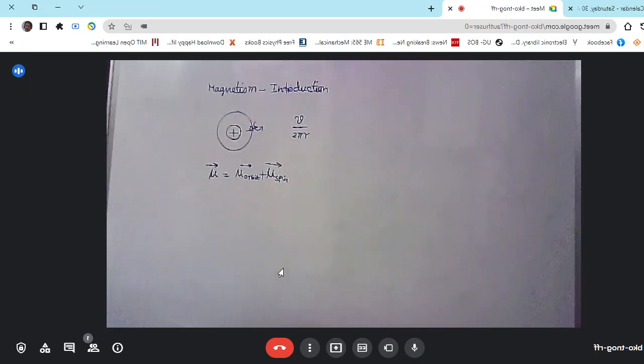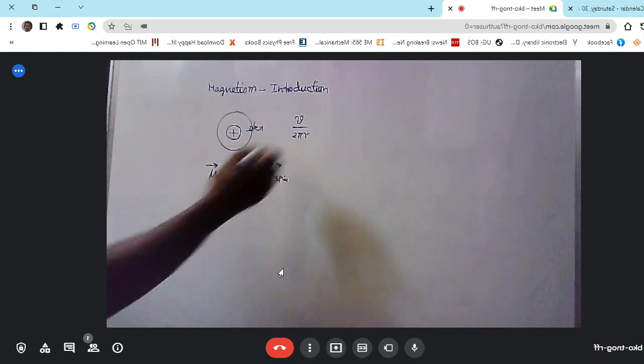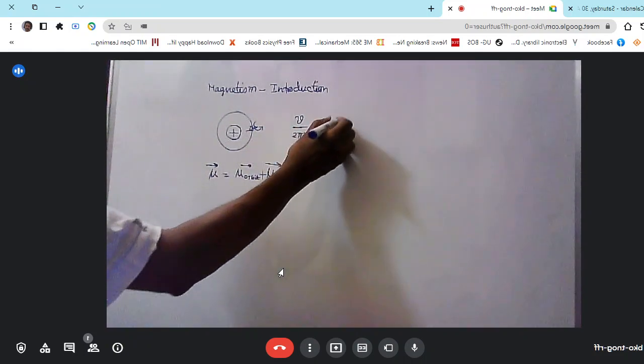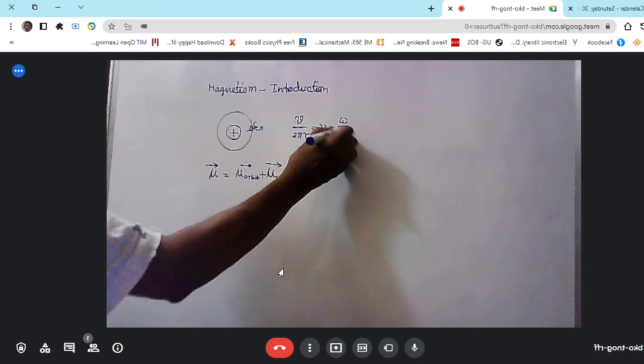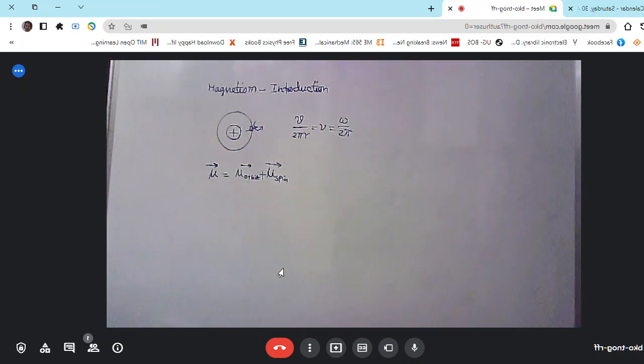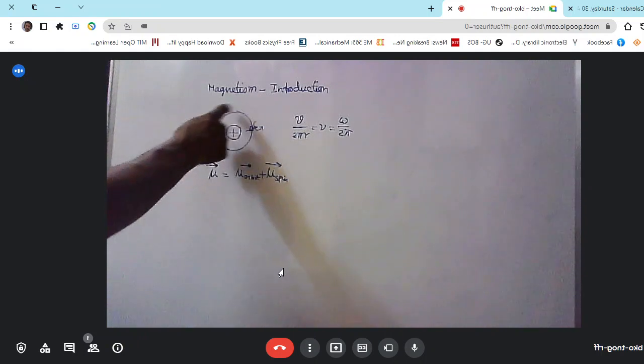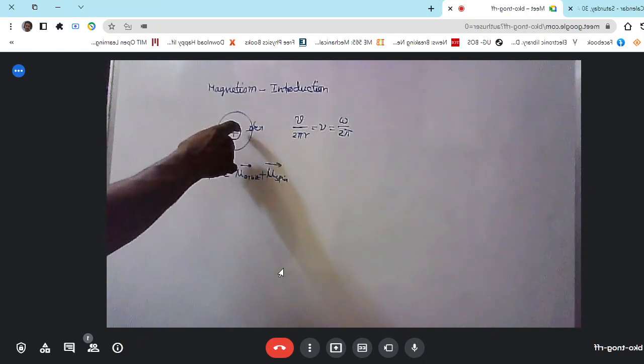This will be called the frequency mu, which is equal to omega by 2 pi, where omega is the angular velocity. I think you have understood what I am trying to say. This electron moves a distance v in 1 second.